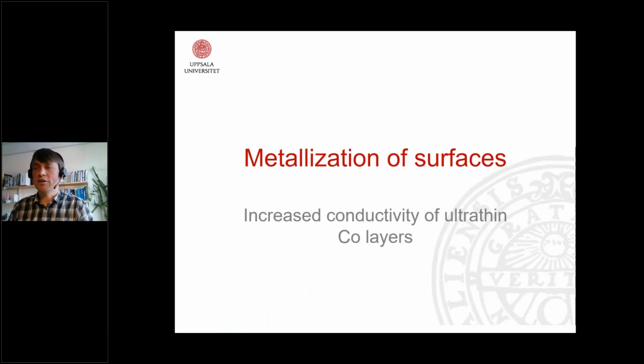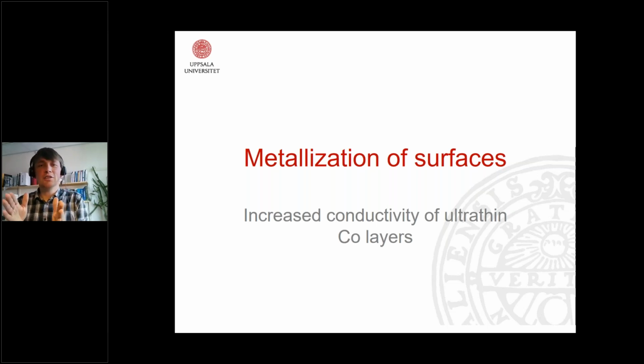And maybe a last brief example, metallization of surfaces. That's an interesting topic that's studied, for instance, or used in electronics. And nowadays there are cases when the traditional materials don't perform as required anymore. So we did work with cobalt for metallization of electronic components.